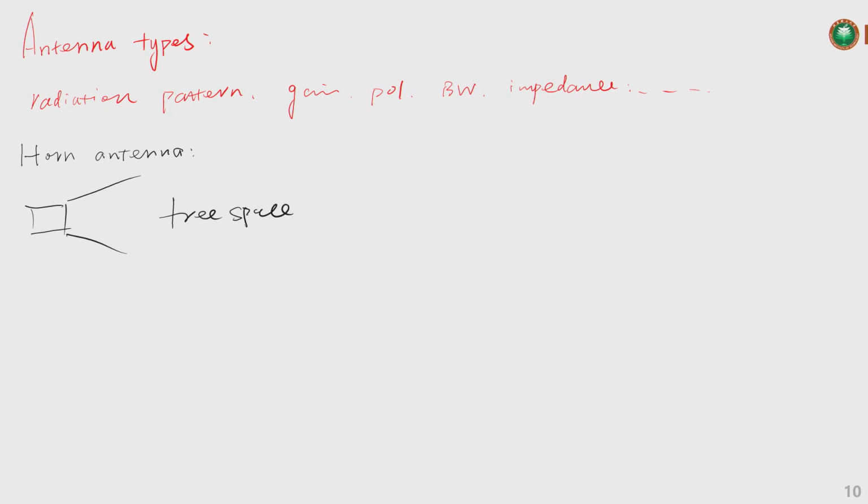It usually supports only the dominant propagation mode, purely. And if we want to avoid the higher order modes, what we can usually do is flare the terminal section, right?